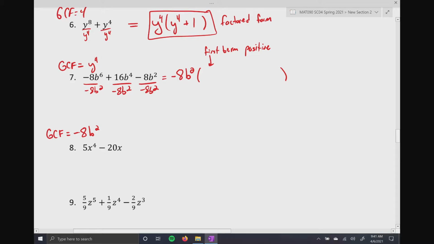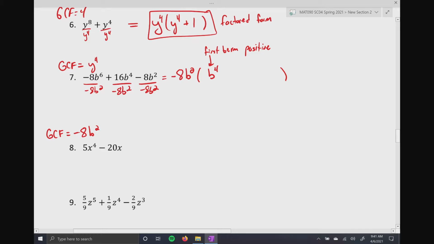So I'm going to divide everything by my GCF. And all you got to do is just take your time. Don't rush. Negative 8, here I'm looking at the very first term. Negative 8 divided by negative 8 is positive 1. b to the sixth divided by b to the second is b to the fourth. And notice it's now positive, which is what I wanted.